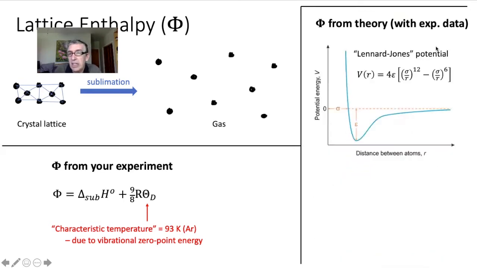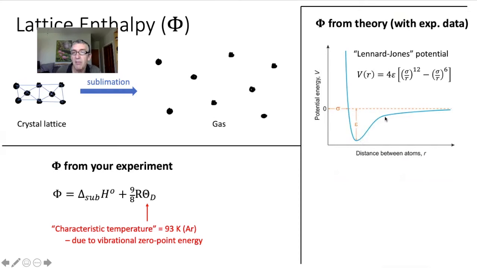The theory is this. Think about these argon atoms and think about the energy for a pair of them as a function of how far apart they are. We know that if they get very close, there's a repulsive wall. As they get a little farther apart, there's an attractive well.